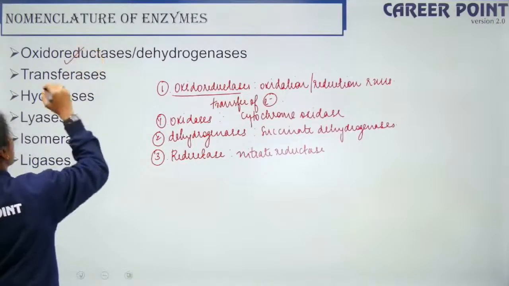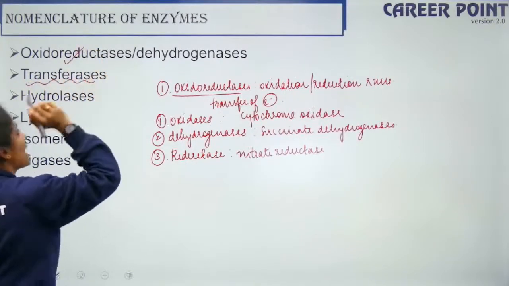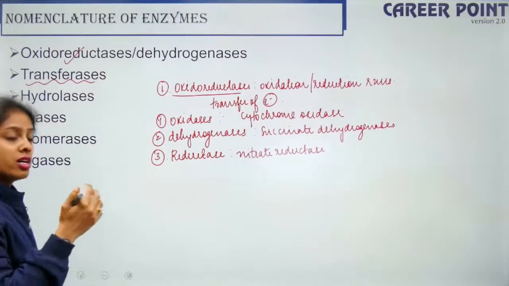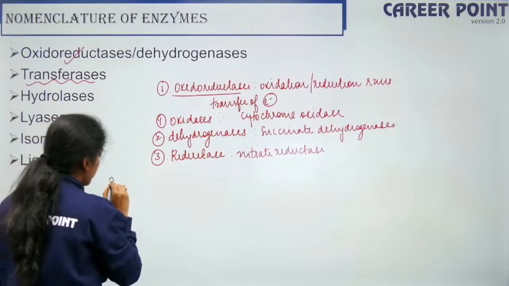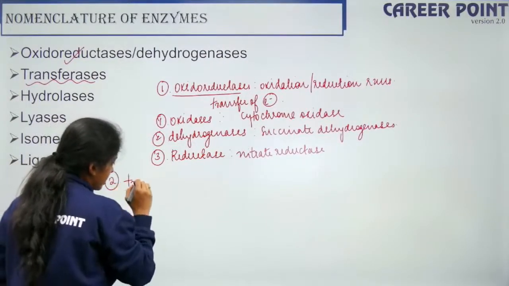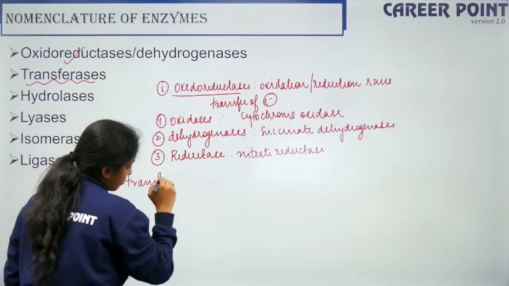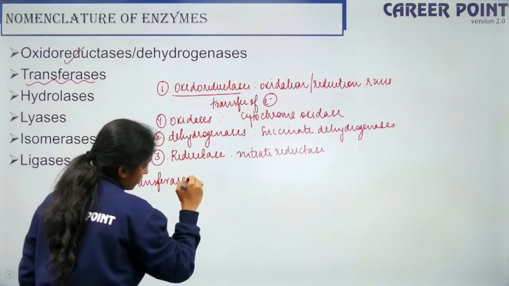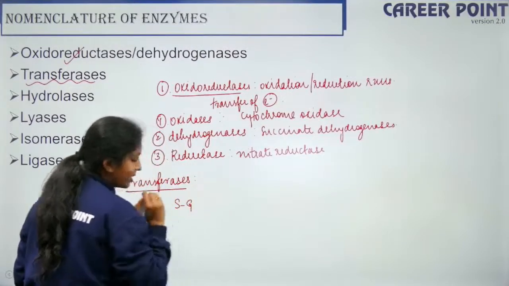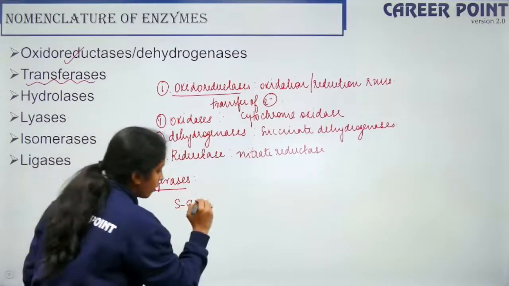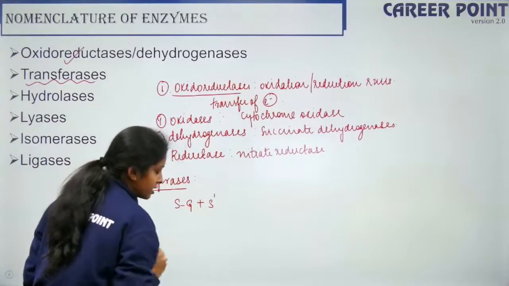Alright. The next one is transferases. This catalyzes the transfer of other functional groups. The second one is your transferases. Say for example, I have one substrate and it has a side group G, and then another substrate.